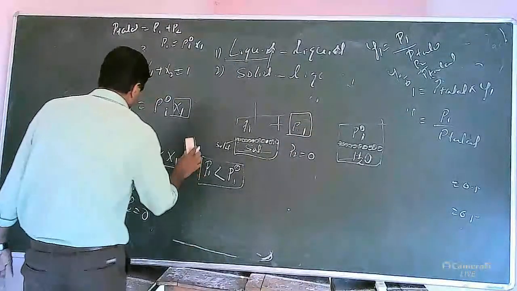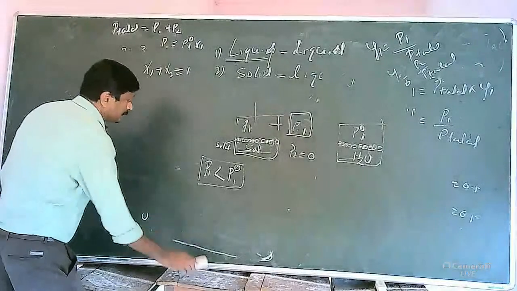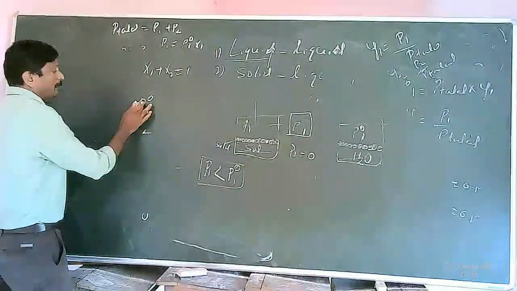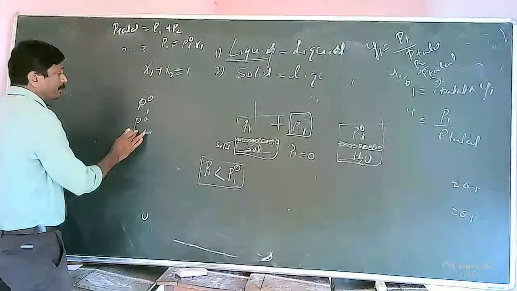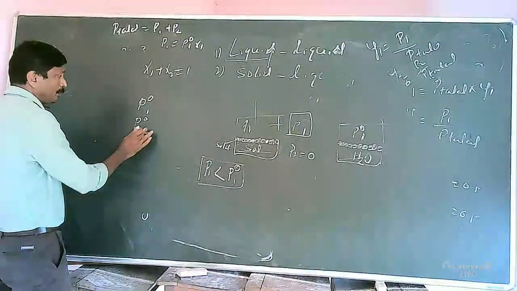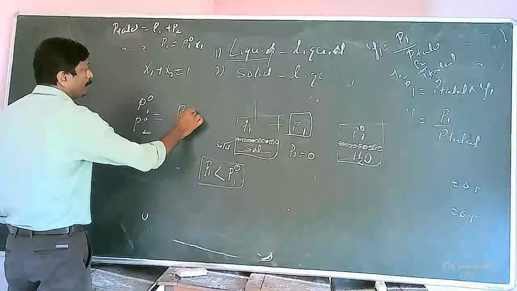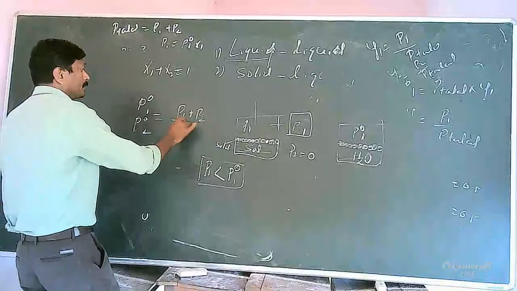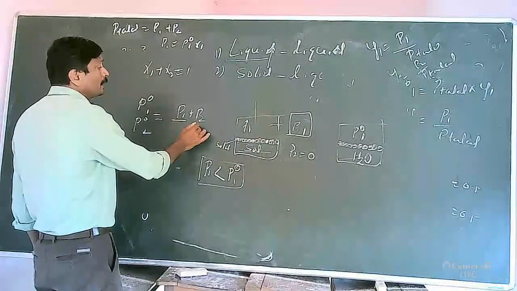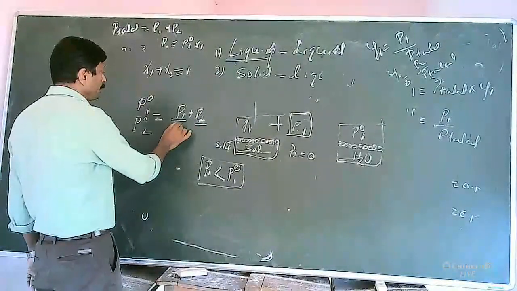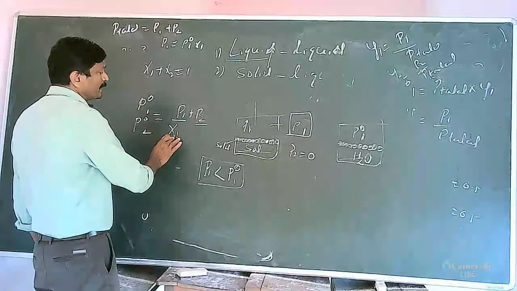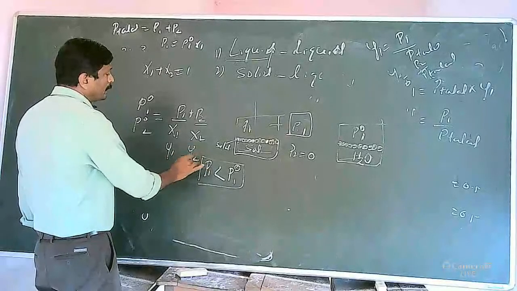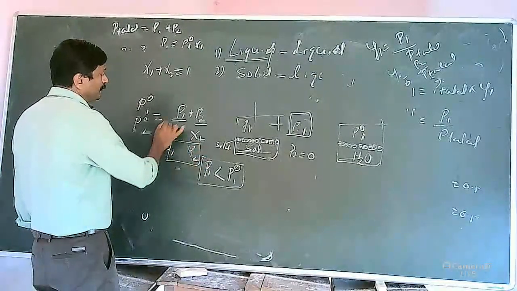See what we have discussed here: P01 and P02, the vapor pressures of pure component 1 and pure component 2. When these are mixed, you will get P1 and P2, the partial vapor pressures of component 1 and component 2. In the solution, X1 and X2 are the mole fractions, and Y1 and Y2 are the mole fractions in the vapor phase.